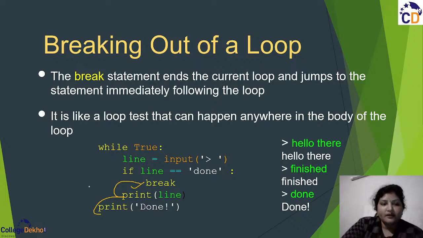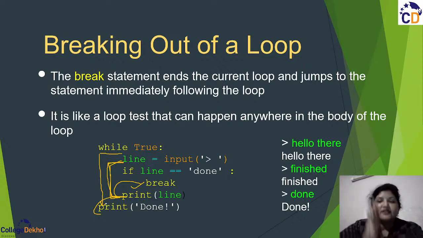So here is the while loop, and we have this scope. The scope would be this, because the indentation would be like this, and your next statement would be this one, right? So when we have the break command, we are not going to jump to the next statement, that is the print line, because we have used the break statement.